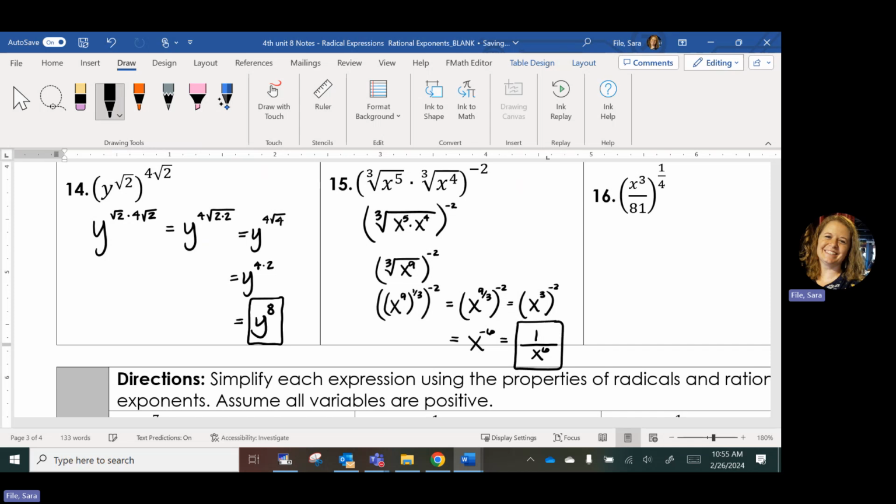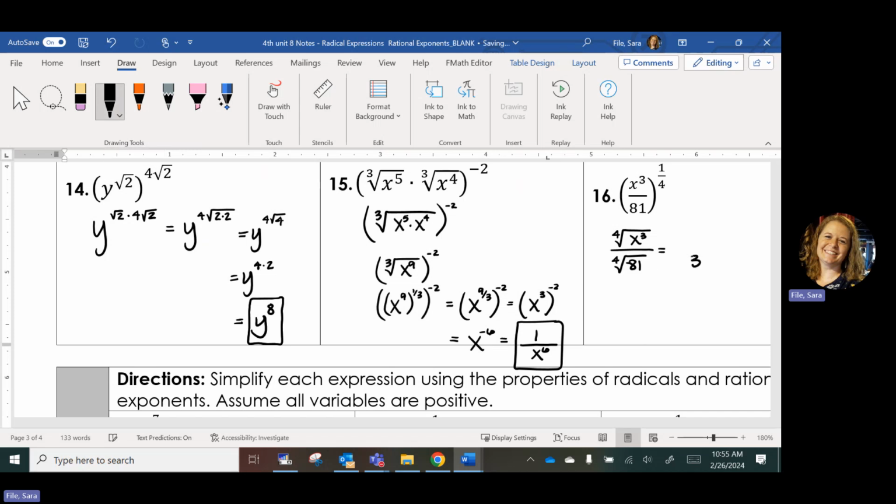All right, y'all stay seated, please, until the bell. I'm going to go ahead and finish 16 here. I'm going to rewrite this as a fourth root. So I've got the fourth root of x cubed in the numerator, and I've got the fourth root of 81 in the denominator. The fourth root of 81 is a perfect fourth.